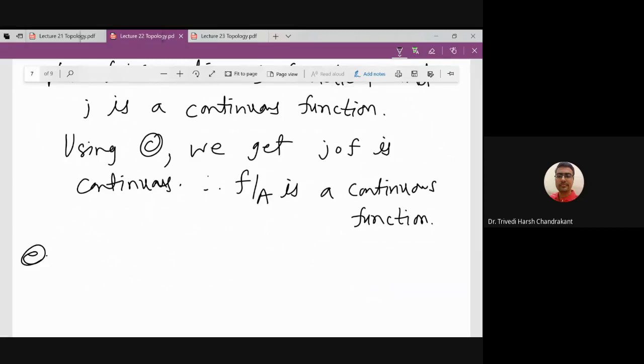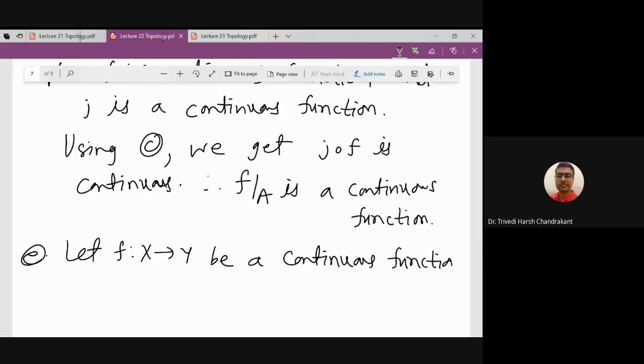Now E part: let f from X to Y be a continuous function, and take a set Z which is between f(X) and Y, where Y is the codomain and f(X) is the range of f.